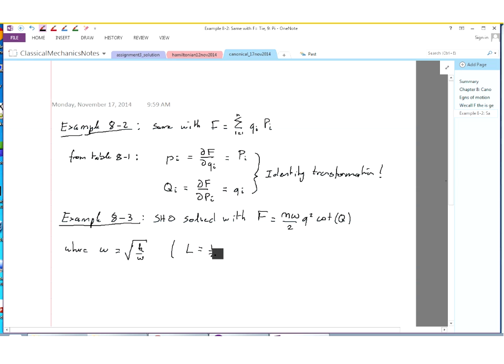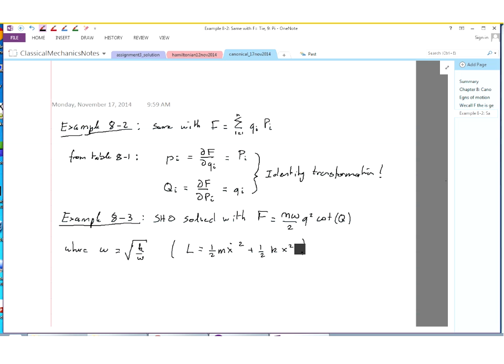Right, so for the simple harmonic oscillator, the Lagrangian would be given by a half x dot squared plus a half k x squared. Right, that's the Lagrangian for a simple harmonic oscillator.